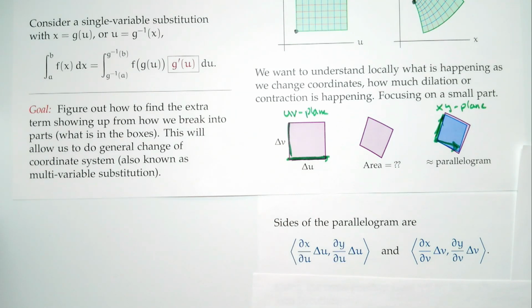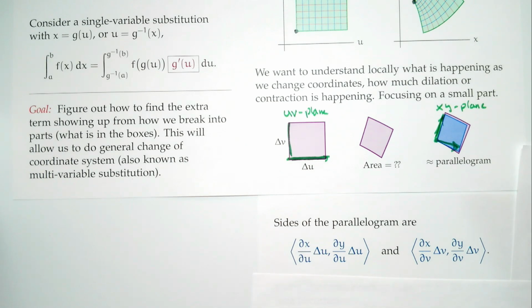So I'm changing u, and I want to know how x and y change as I change u. This other side comes from the change in v: partial x, partial v, delta v, partial y, partial v, delta v. That's the parallelogram, which is a good approximation for that piece right there.